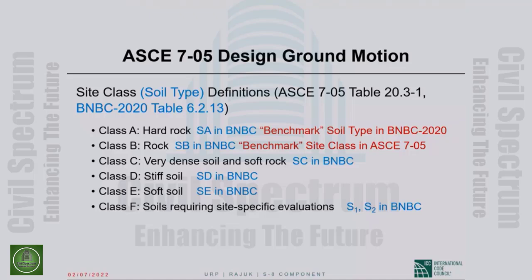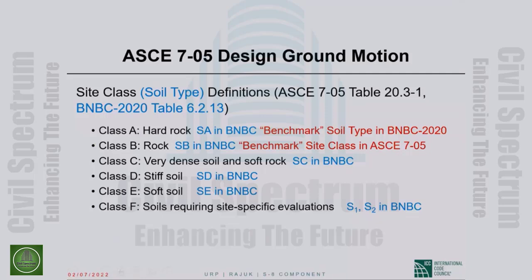Now, what is site class A in ASCE 7 is soil type SA in BNBC, B is SB, C is SC, D is SD, and E is SE. The site class F, on the other hand, is not SF. It has been divided into S1 and S2 in BNBC. Okay, so that gives you direct correspondence.